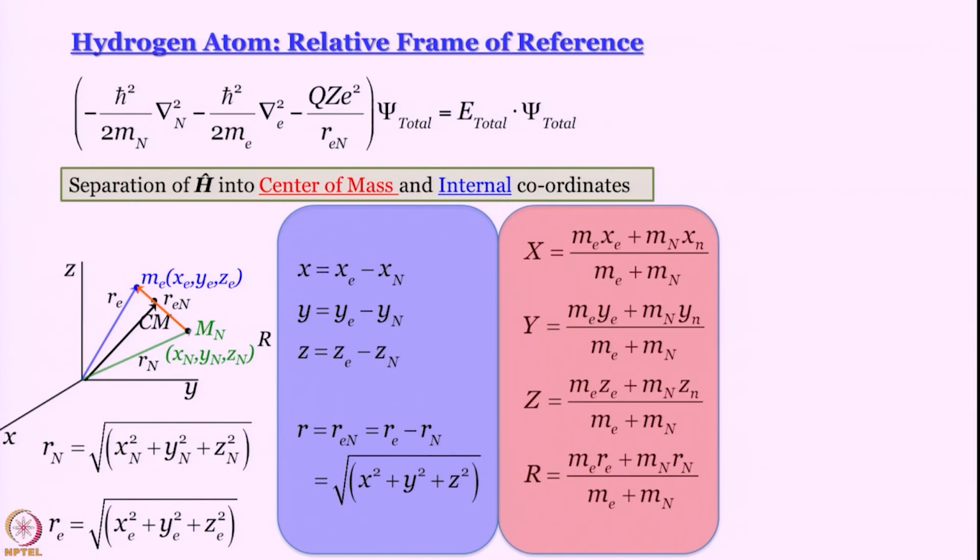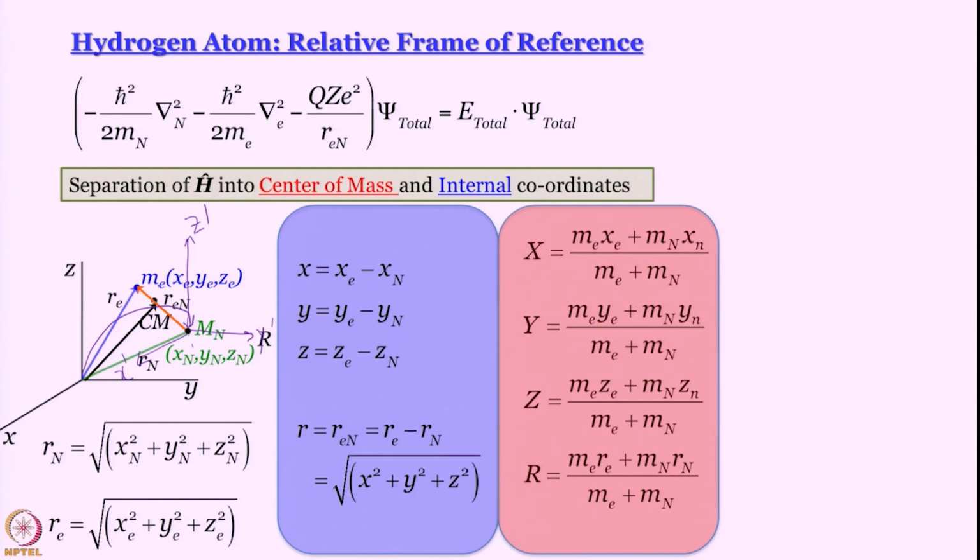So, let us say I will draw this horizontal axis, that is y, this I call y dash, this let us say is z dash, and this here is x dash. I hope it is not very difficult to see that x is parallel to x dash, y is parallel to y dash, z is parallel to z dash. So, what am I doing? I am doing a transformation of coordinates. I am moving the origin from the absolute value to where the nucleus is.